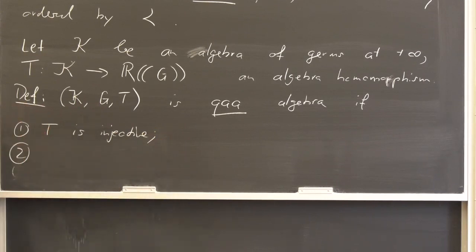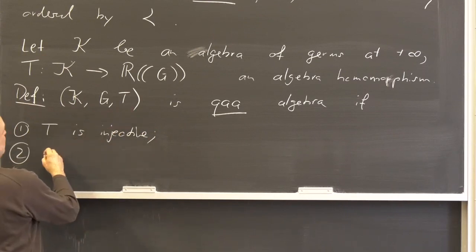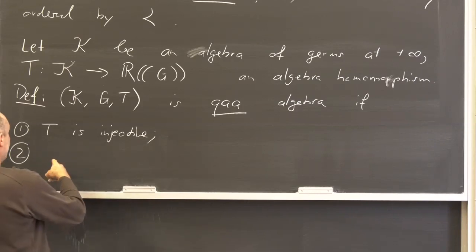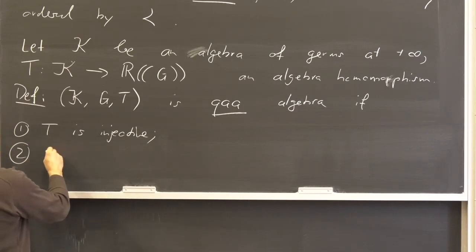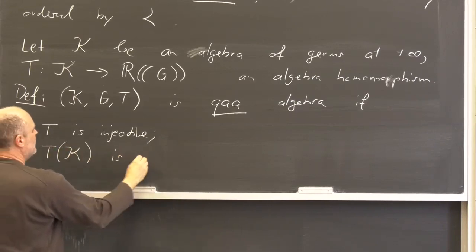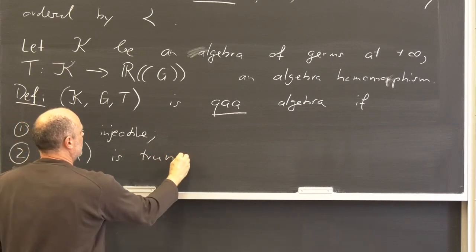In order to talk about asymptotic expansions, I need to truncate my series, and to assign a function to each truncation, which sometimes may have infinite support, I need the truncations to be in the image of T as well. So the image T of K has to be truncation closed.